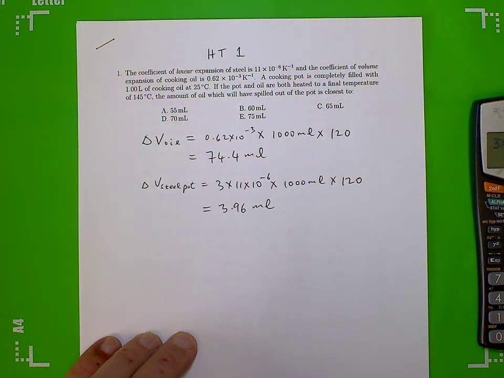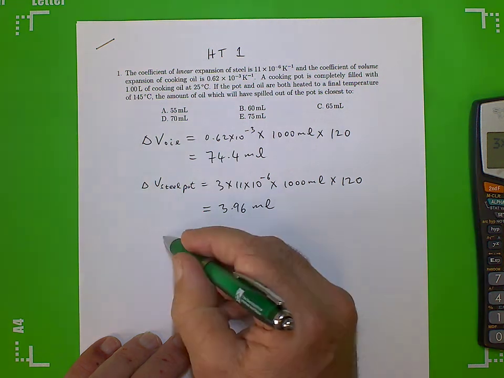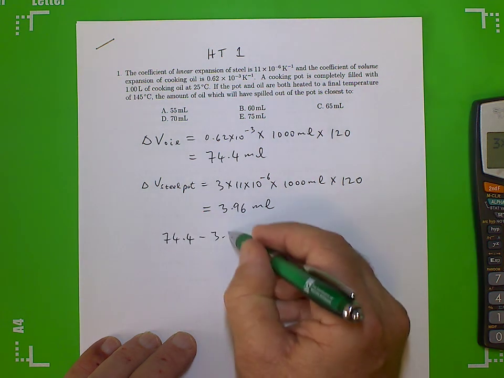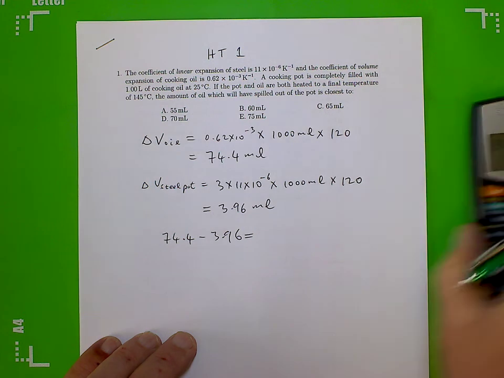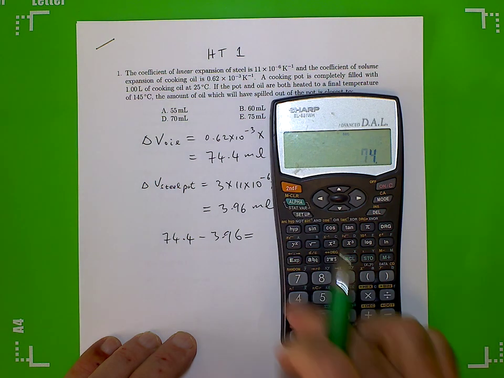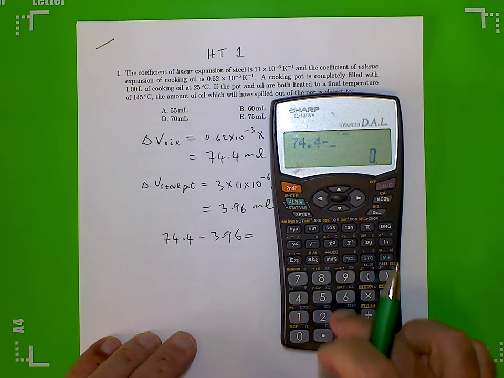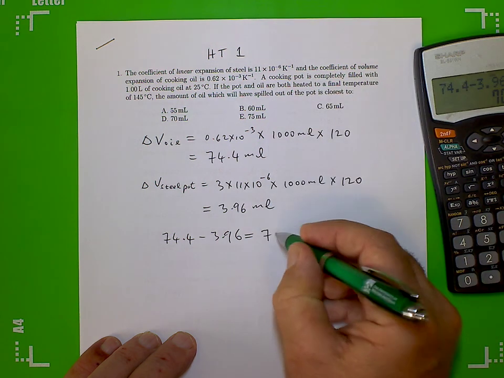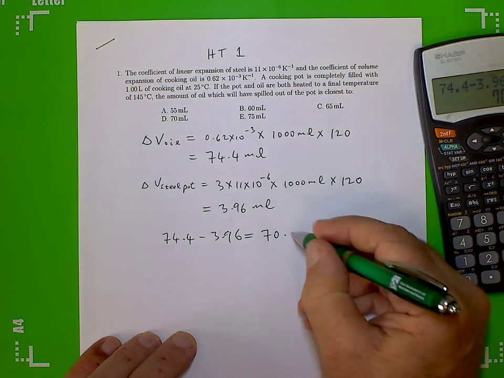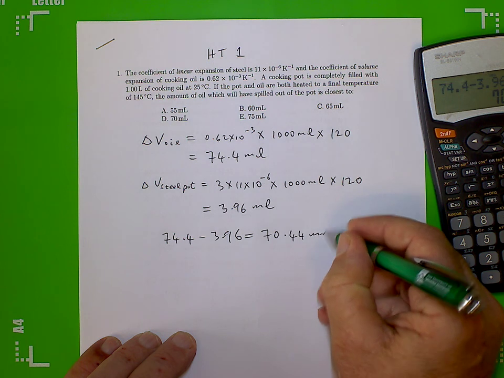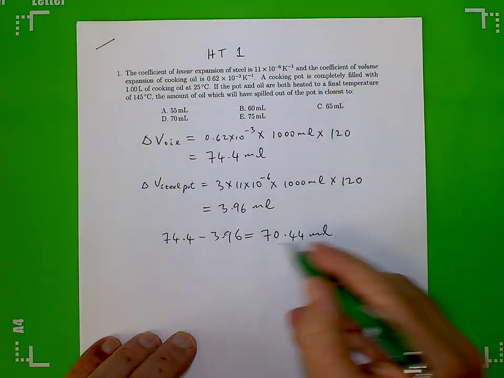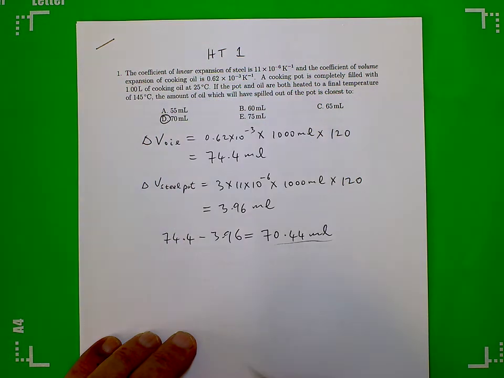So the total overflow then is going to be 74.4 minus 3.96, which is 70.44 mils. And this is closest to answer D, so that's our choice.